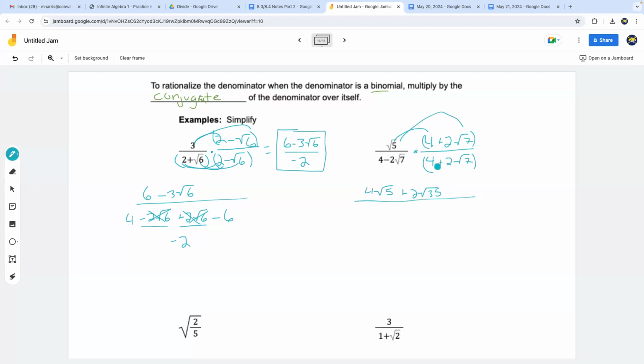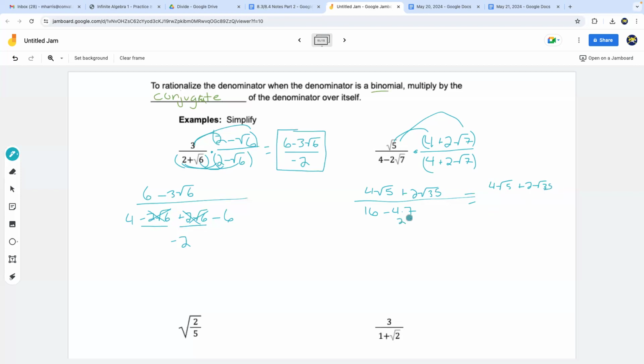All over. Now we need to do this. Well, we have 4 times 4, which is 16. We got negative 2 root 7 times positive 2 root 7, which gives us negative 4 times 7. So then we have 4 root 5 plus 2 root 35.